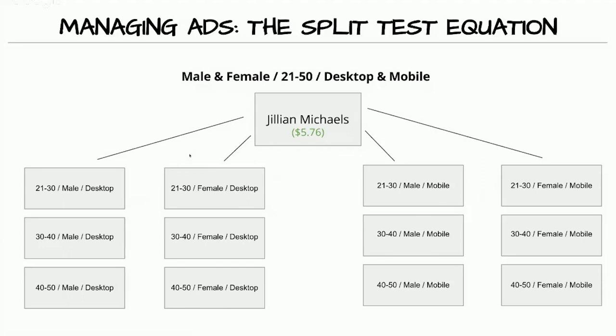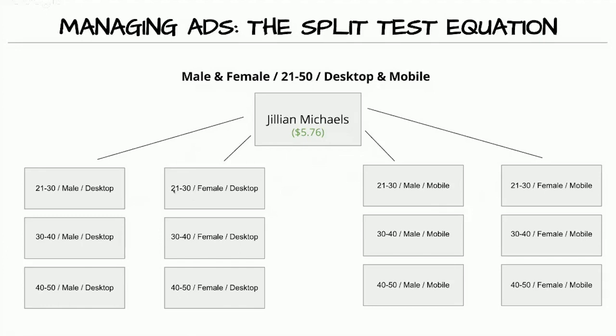But let's say over here we split test into 3, 6, 9, 12 different audiences. So what we're doing here is we have 12 different audiences. They all like Jillian Michaels, but this one is male, 21 to 30, and we're only showing it on desktop. This one is male, 30 to 40, only on desktop. Male, 40 to 50, only on desktop.